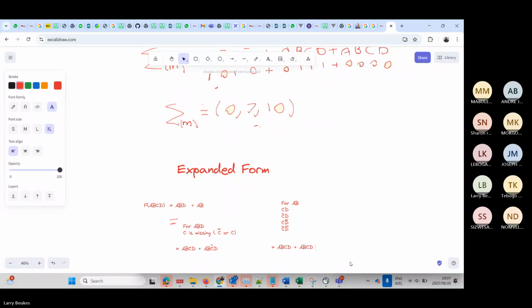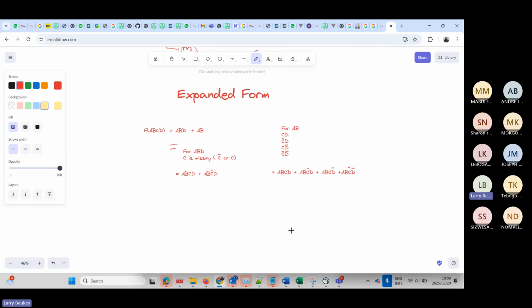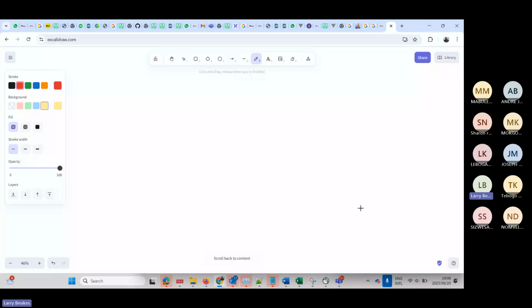AB, CD, AB, not C D, AB, C not D, and the last one, AB, not C, not D. So all these possibilities are here in our expanded form.